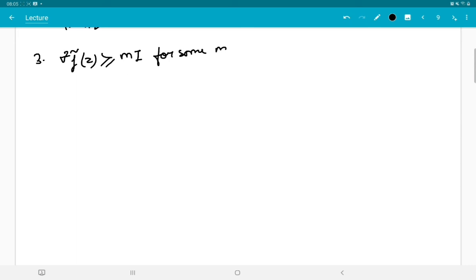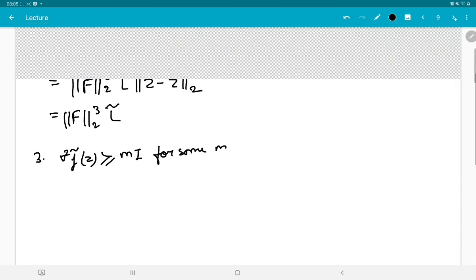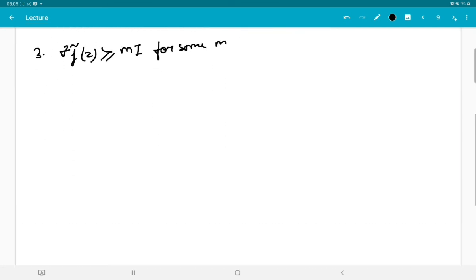So these three conditions together give the analysis for convergence of the constrained problem with an equality constraint.